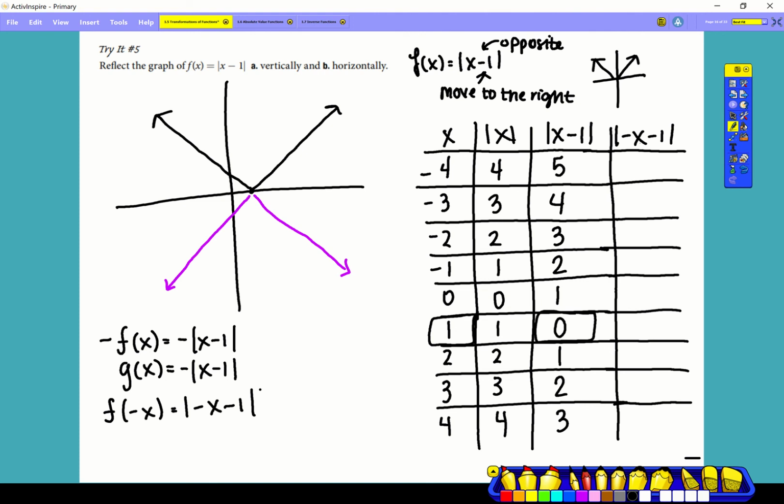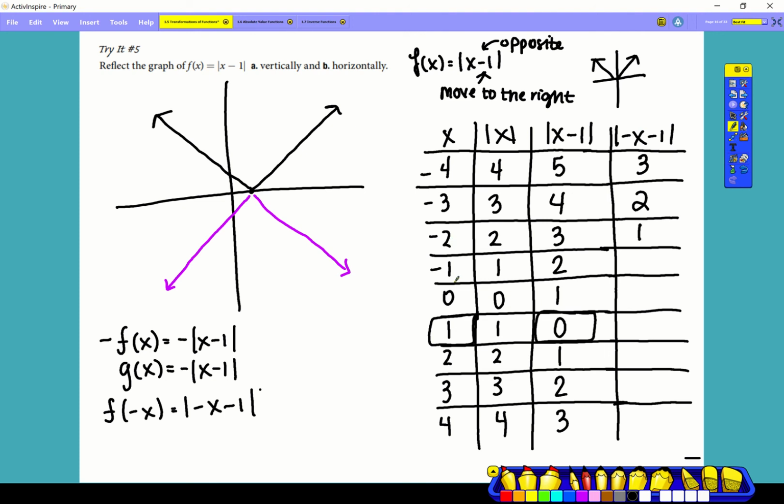Okay, so if x is -4, then negative 4 is positive 4, minus 1 is 3. Negative 3 put in for negative x, that's positive 3 minus 1 is 2. When x is -2, we get 2 minus 1, which is 1.